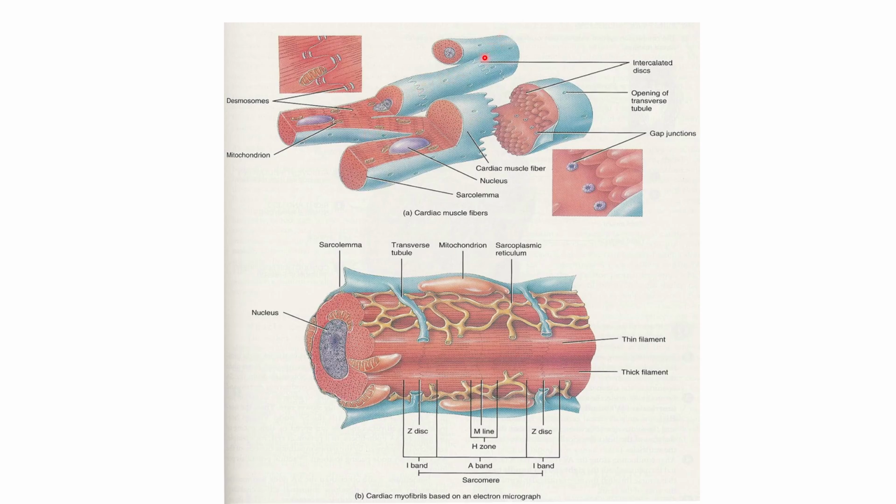They also have the intercalated discs, which when you look with the light microscope, you see as a dark line only. These intercalated discs have openings of different tubules, communicating junctions, gap junctions. You find them in the intercalated discs.